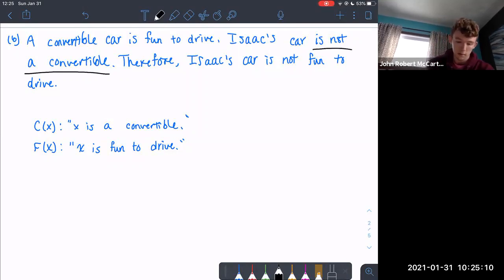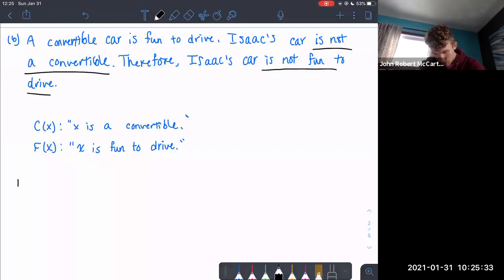So I use this C of X to describe that. And also we have this statement that a car is not fun to drive. So this F of X is describing whether a car is fun to drive or not. So C of X is a convertible. F of X is fun to drive.